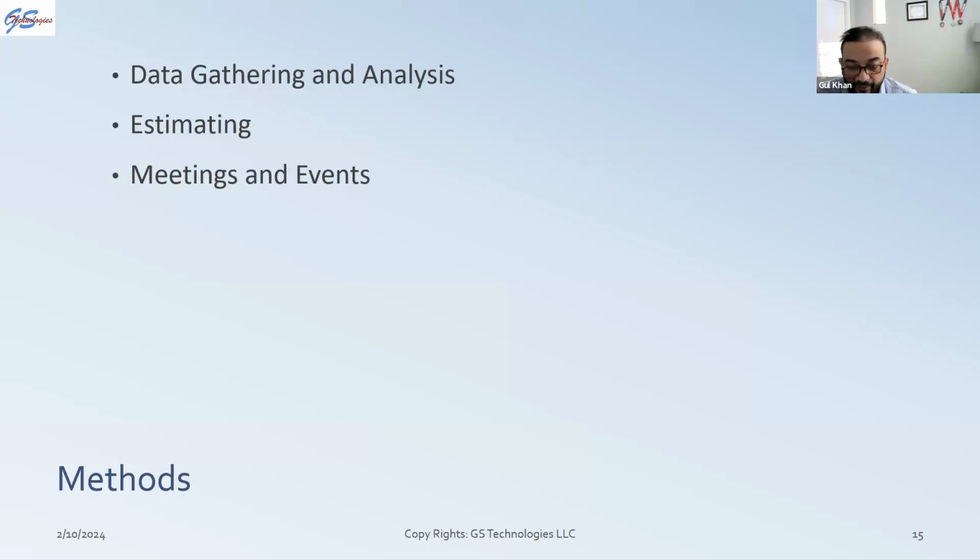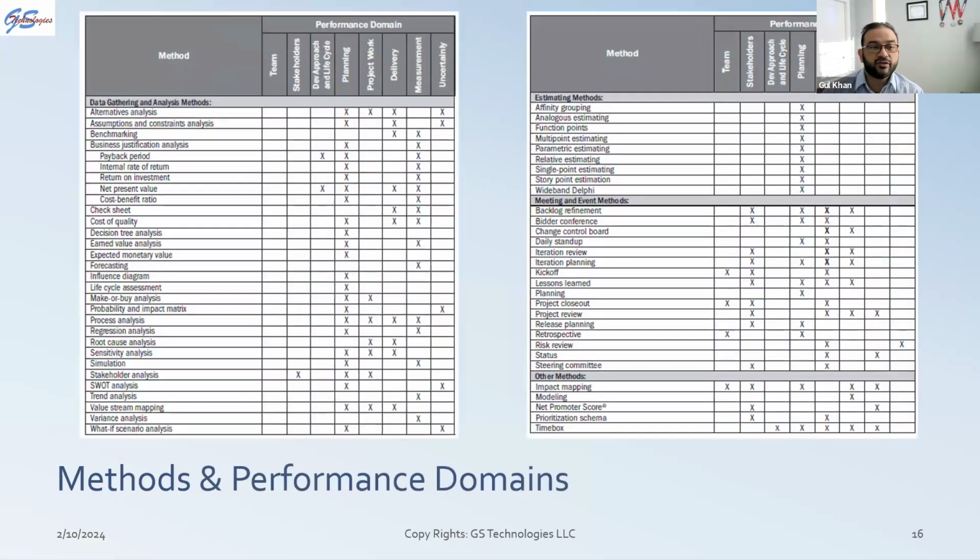But methods are the ones that we reviewed earlier during our process groups. I'm not going to go into the details of those methods, but overall these are the types of methods where we are doing data gathering and analysis, estimating, and meetings as well. As a matter of fact, we can go and see these different types of methods that we have looked at here.